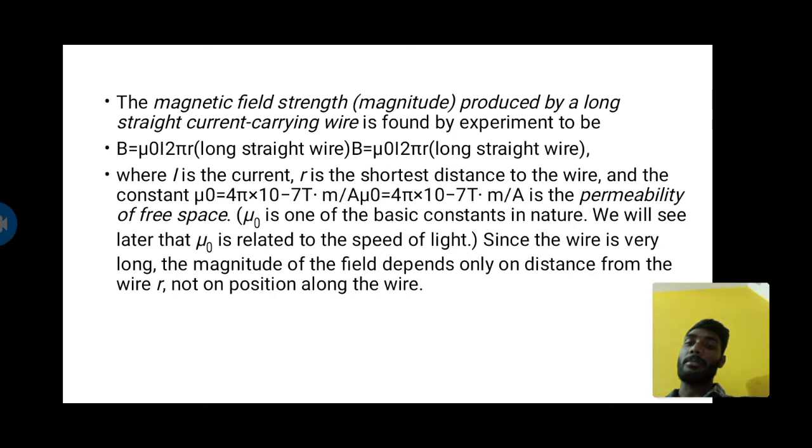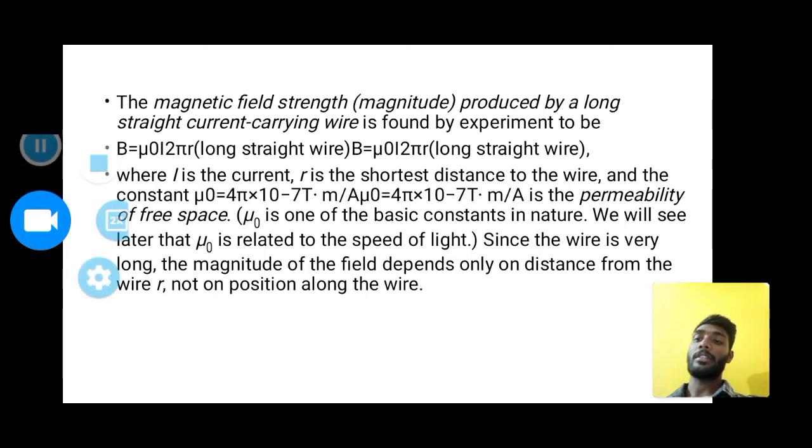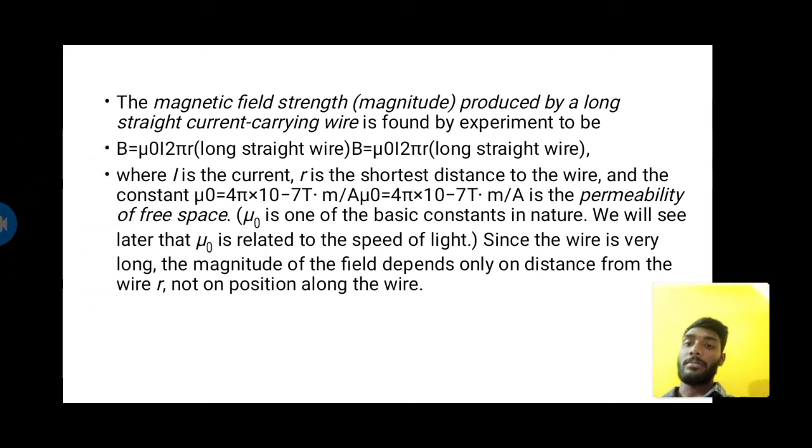The magnetic field strength magnitude produced by a long straight current carrying wire is found by experiment to be B equal to mu naught I by 2 pi r, for a long straight wire, where I is the current, r is the shortest distance to the wire, and the constant mu naught equal to 4 pi times 10 to the power minus 7 tesla meter per ampere is the permeability of free space.